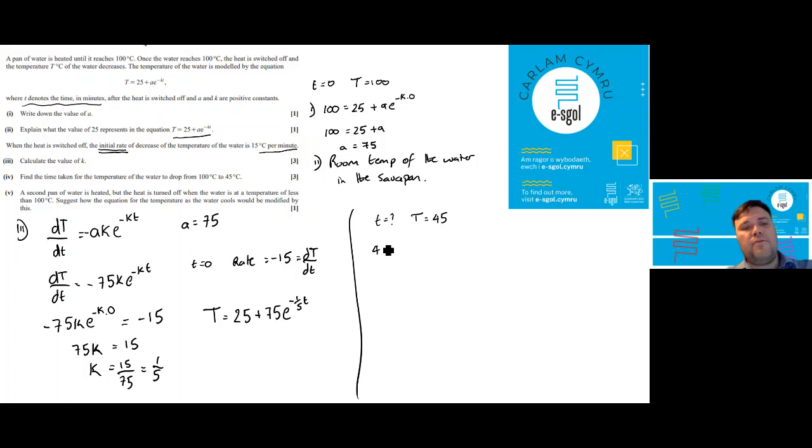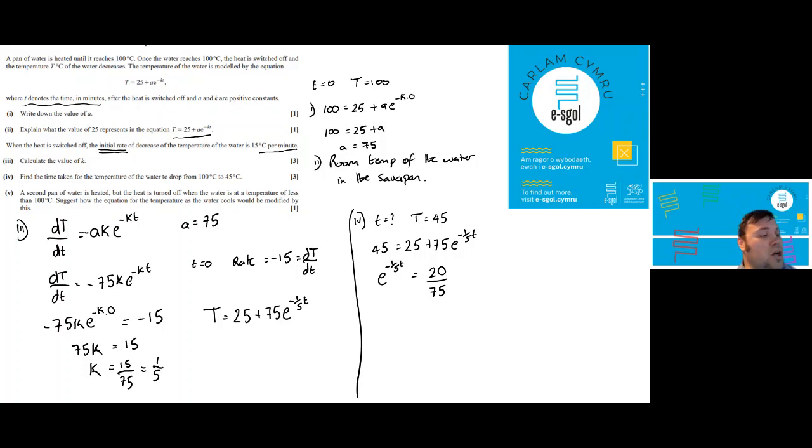So we have 45, I'll put that as number 4, 45 equals 25 plus 75e to the minus 1/5 t. In rearranging this, the 25 will go over as minus 25, so that'll be 20, and then you drop the 75 underneath, so that we have e to the minus 1/5 t is equal to 20 over 75.